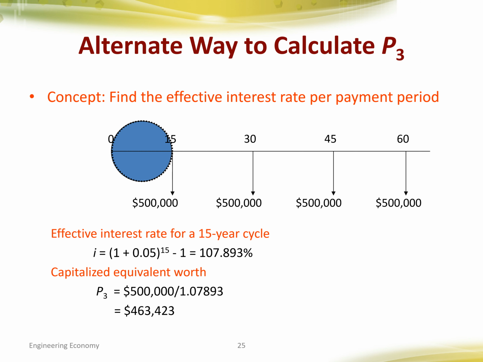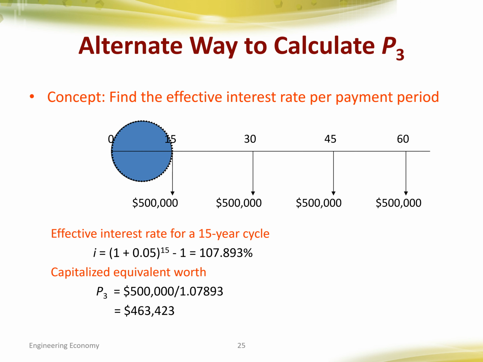However, we can do it in a different way. You just imagine that this is the point where the renovation occurs, and we just need to look at the interest rate. The interest happened in this period, and it will still go to infinity, right?